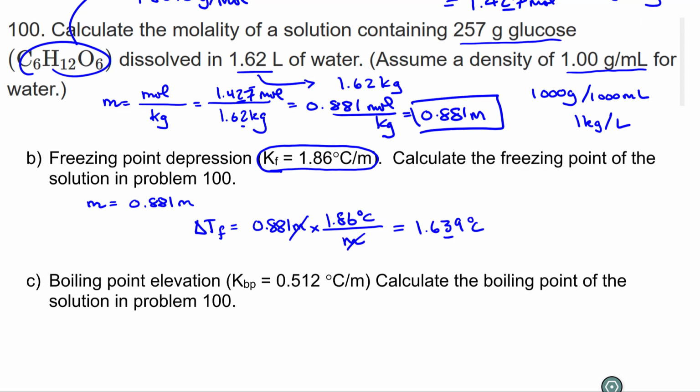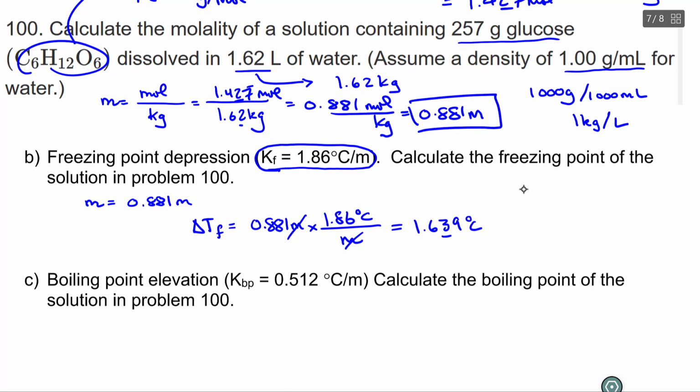That's how much lower the solution freezes at than its normal freezing point. Since water's freezing point is 0 degrees Celsius, the freezing point for the solution is 0 degrees Celsius minus 1.639 degrees Celsius, or just negative 1.64 degrees Celsius.